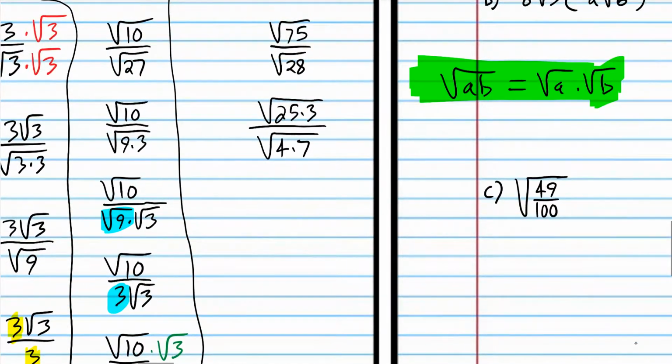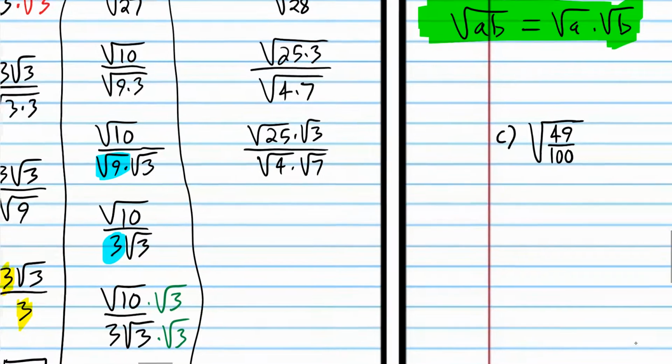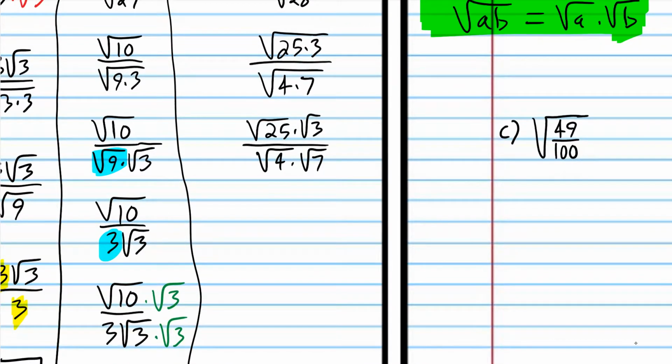And then I'm going to use the principle at the right over there to break these into two roots. Again, this is all just using the same principles over and over again. So now root 25 is equal to 5, and root 4 is equal to 2. So that root 25 became 5, and the root 4 became 2.